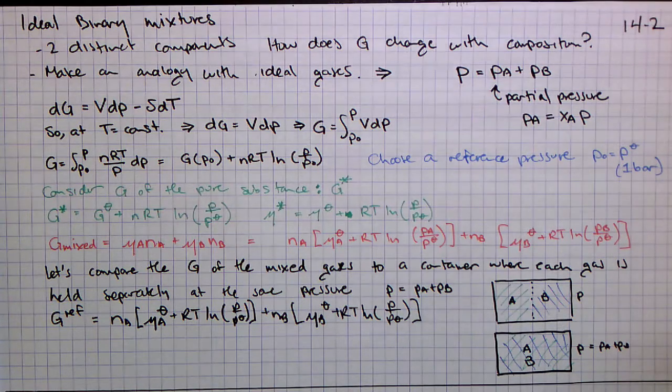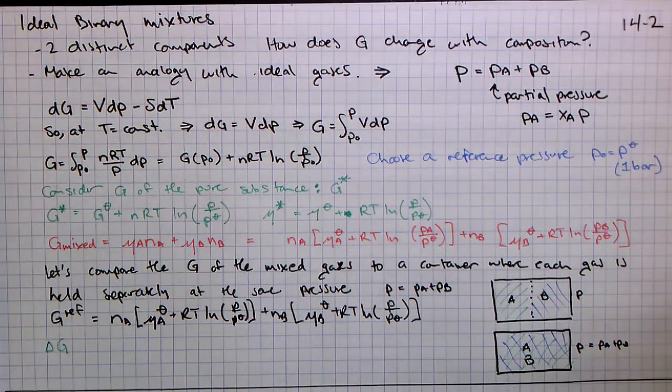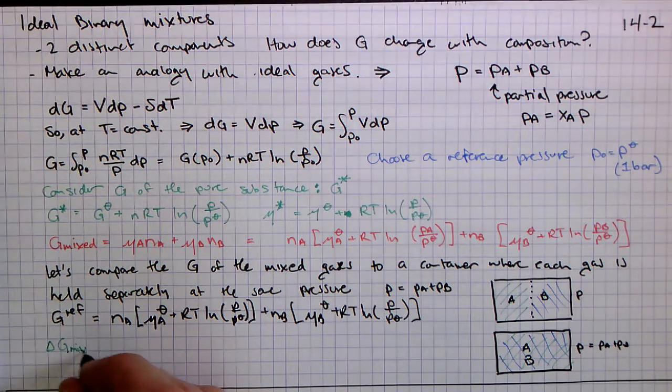And now if we take the difference between this reference G and the mixed G, so we figure out delta G of mixing, this is the change in free energy due to mixing.